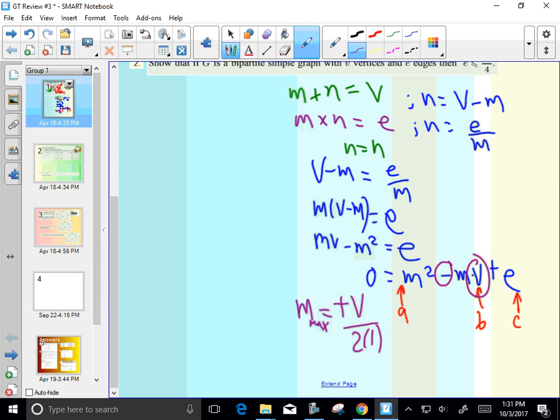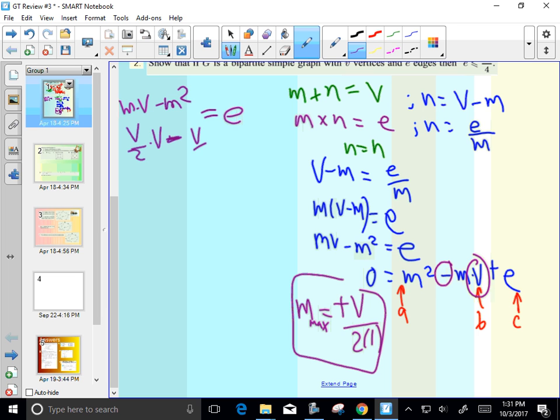So now let's find out what the edges are. The edges are going to be m times v minus m squared. This is my m. So we're going to do v over 2 times v minus v over 2 squared, and we're going to get my edges.